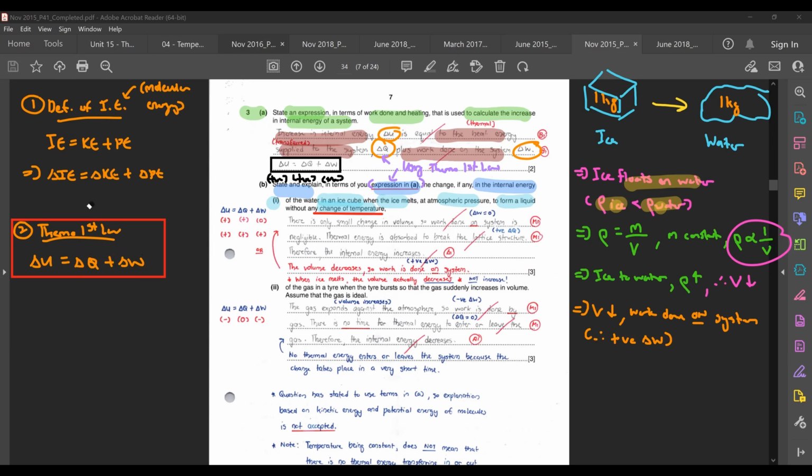Okay, so for the heat supply part, you can think of it this way. Heat is supplied to break the lattice bonds when ice melts to become water. When ice melts to water, lattice bonds are broken.